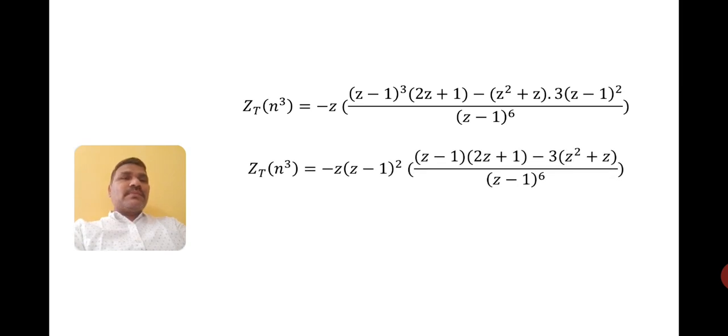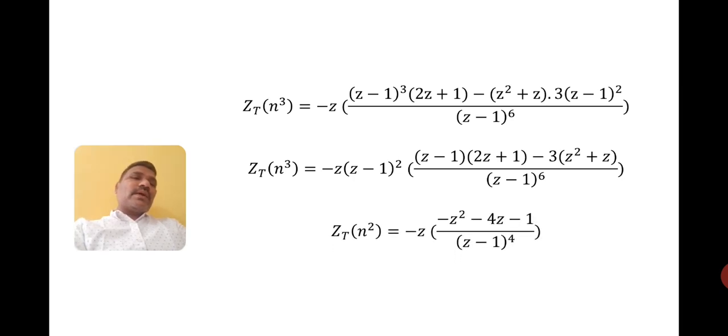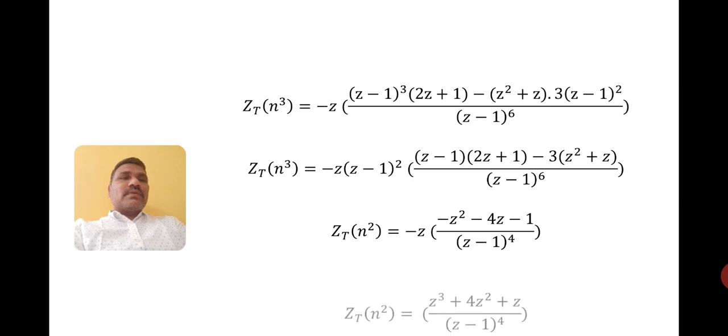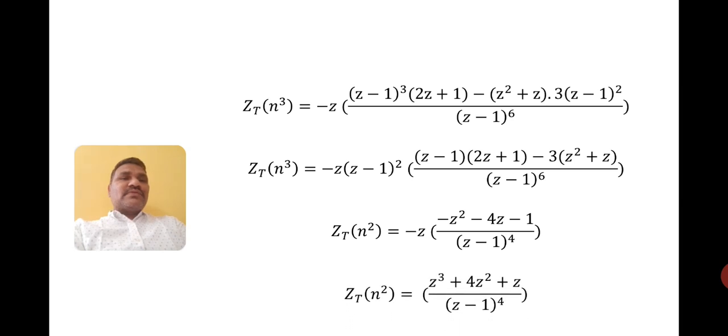Now simplify this, take your time, and when you simplify, we will get it in this form. The Z transform is finally obtained in this one. Thank you for the patient hearing.